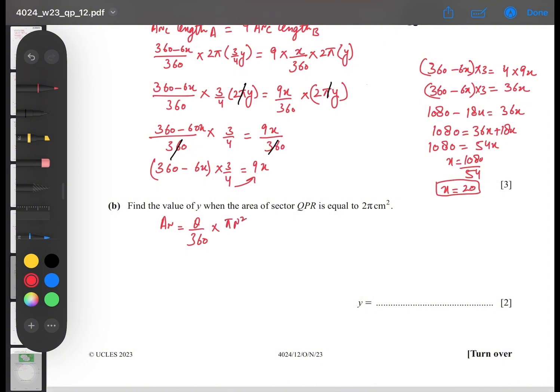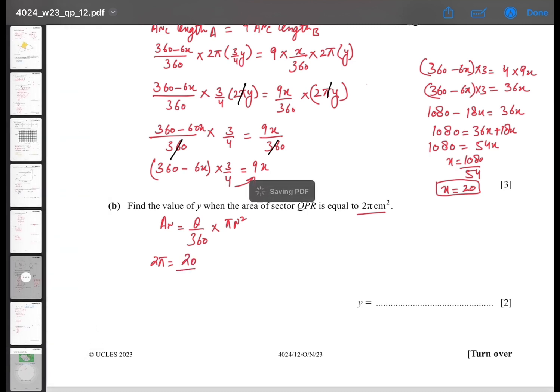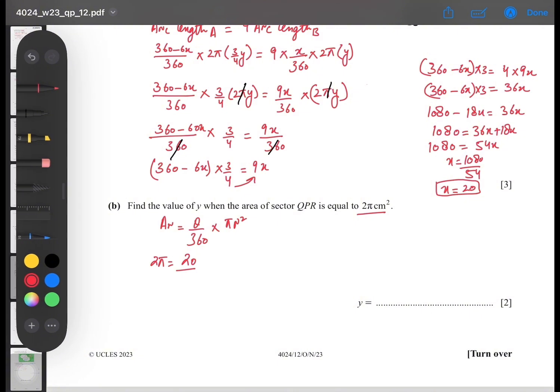So area is given, that is 2 pi, and theta of QPR is 20 degrees. So 20 over 360 multiplied by pi, and the r is y. But this is y square.